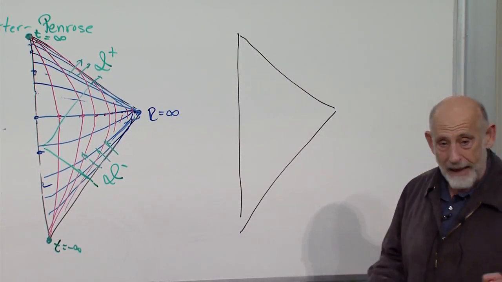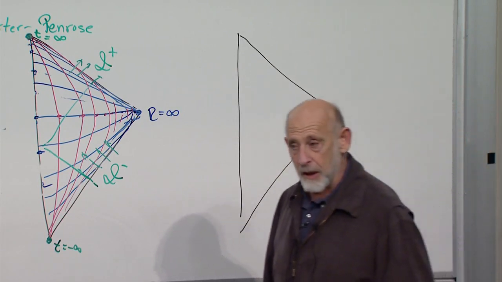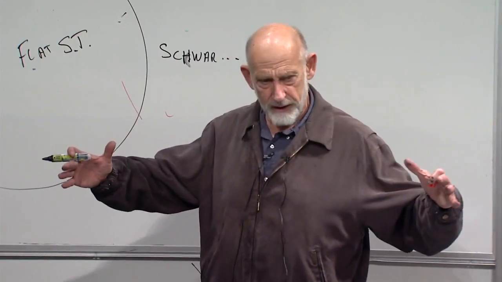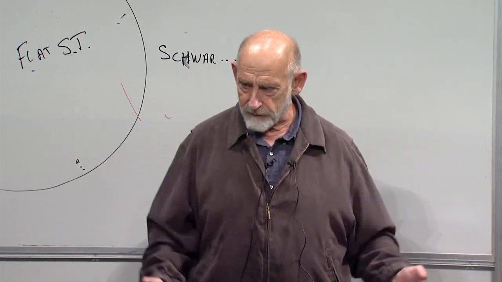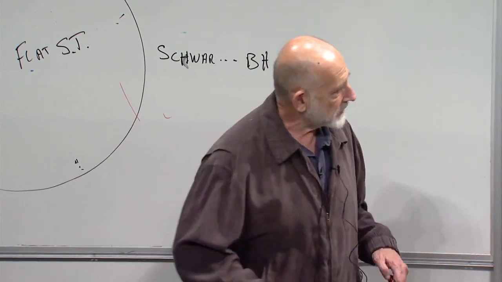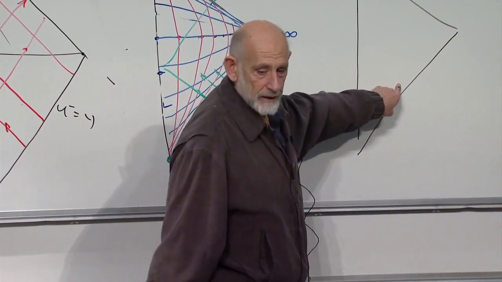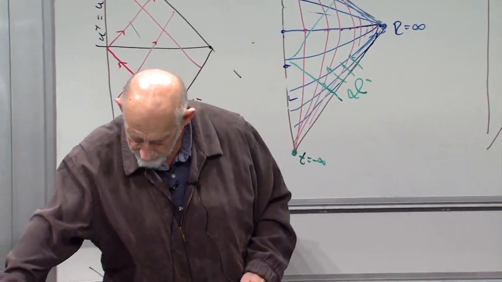But now I want to add the idea of an incoming shell of radiation. You can think of the incoming shell of radiation as a pulse of incoming photons, distributed on a nice sphere. In this picture, they come in from light-like infinity. So here's the pulse. Let's draw the pulse of incoming photons.